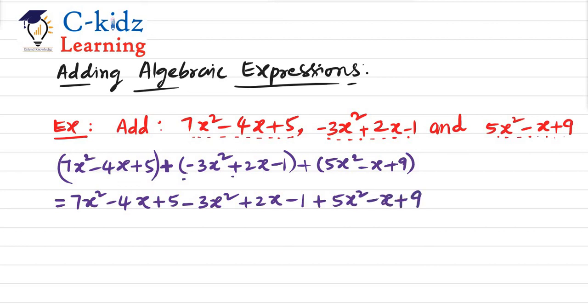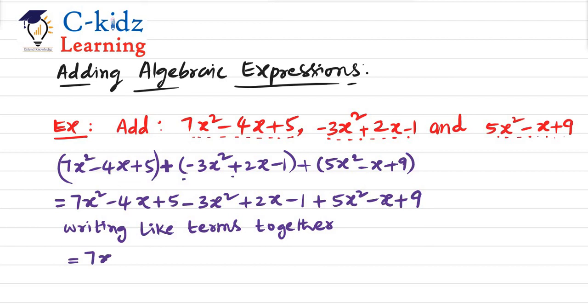Once we are done with removing the parenthesis, combine the like terms. Here what I am doing is writing like terms together. So what happens here? 7x square and then minus 3x square and then plus 5x square.